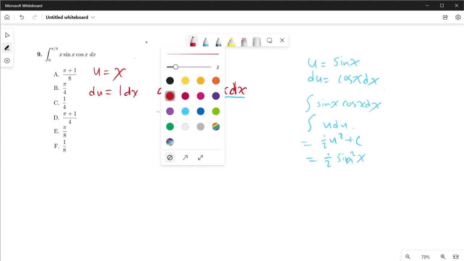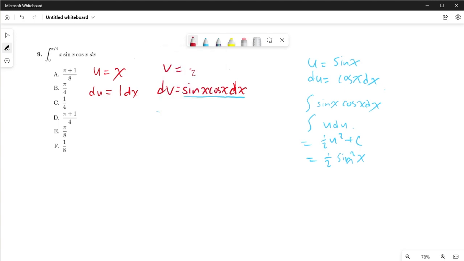Now we use integration by parts, uv minus the integral of v du. Plugging in, uv is x times 1/2 sine squared x, minus the integral of v, 1/2 sine squared x, times du, which is 1 dx.